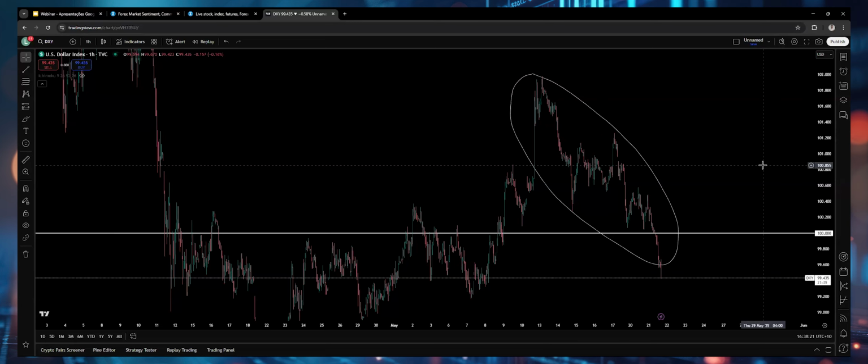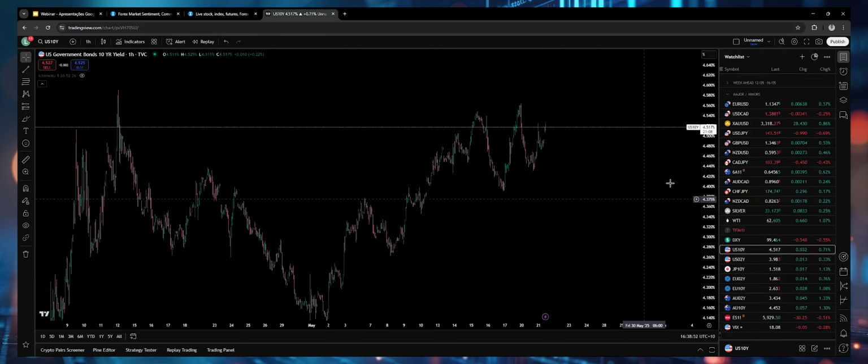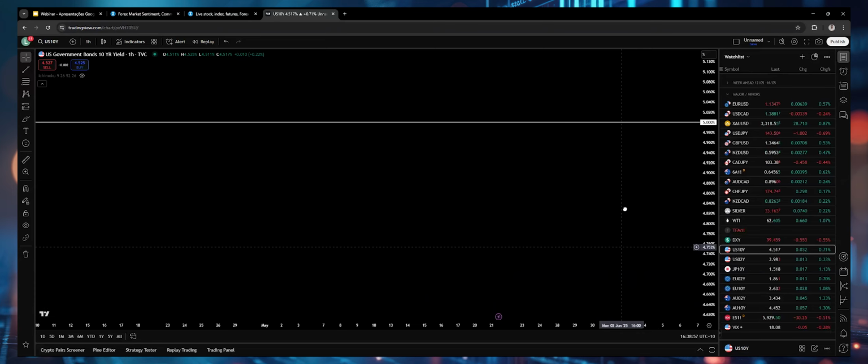Why? Because the debt to GDP ratio on US is 120% already. So that means that the debt that US have is 1.2 times the GDP that they have. So meaning they are really, really bad on where they are at the moment. So if they continue to have that sort of exposure, plus the 10-year yields continue to rise very fast and very quick, things will get very dirty and very quick into the 5%.